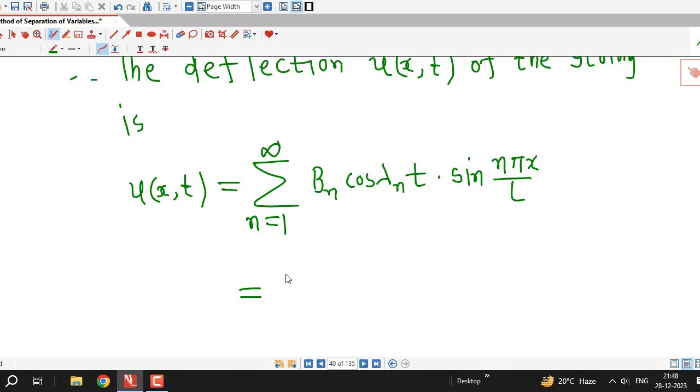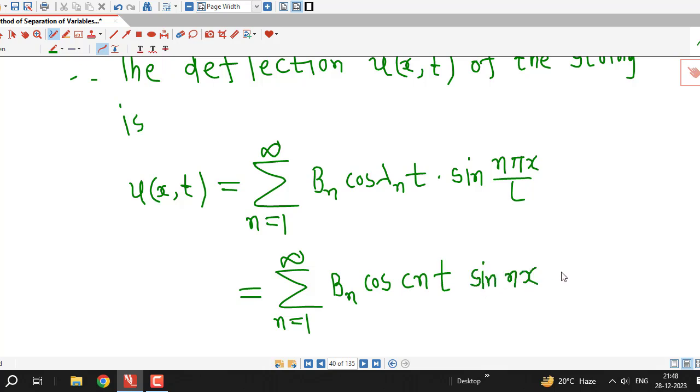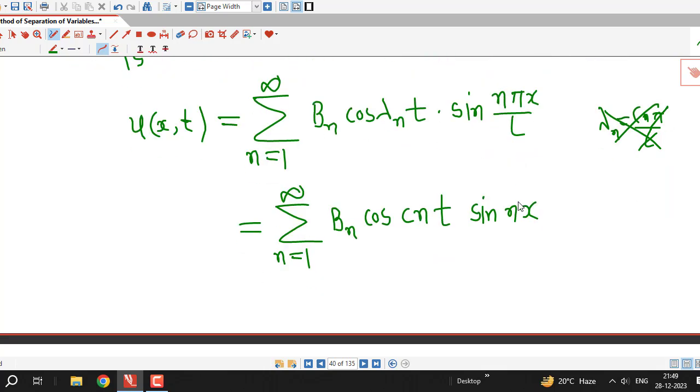And what is L? L is pi here, and lambda n is c into n. So we are writing cosine of c n t into sin n x. Lambda n was c n pi over L, and L is pi, so lambda n is c n, that we are writing here. And if I take L equal to pi here, I will have sin n x.